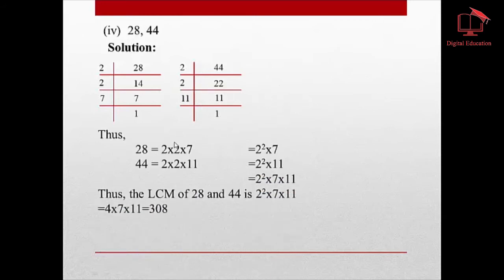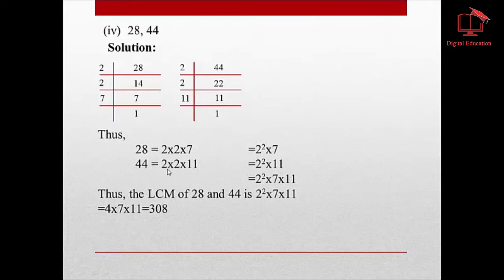So students, now we will express the prime factors using index notation. Now 28 has factors 2 multiplied by 2 and multiplied by 7. We will write it in this form. Here the base is the same, the power is added. Same for 44.